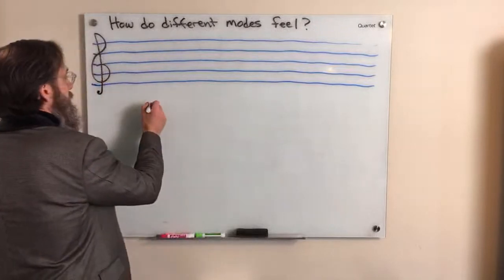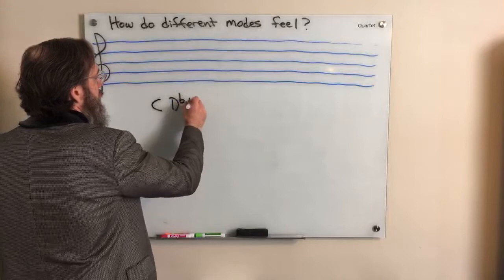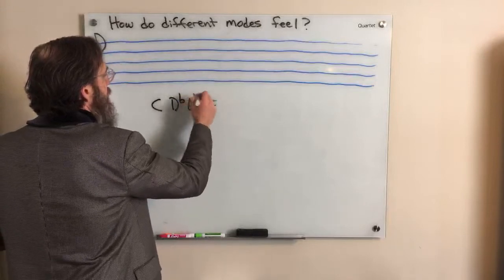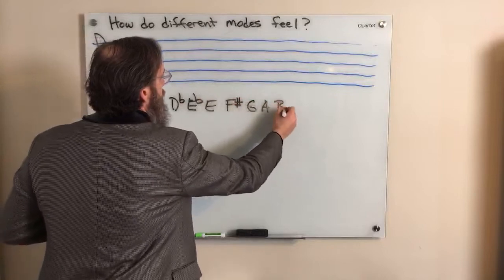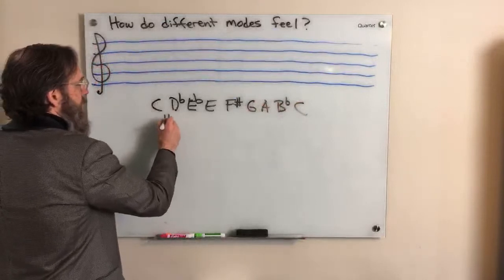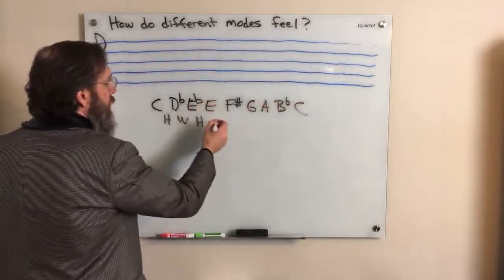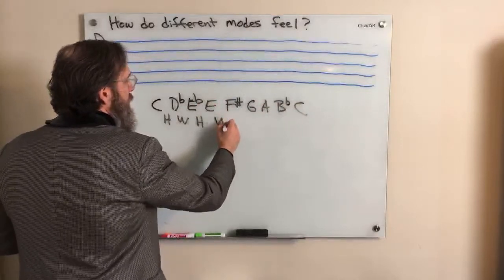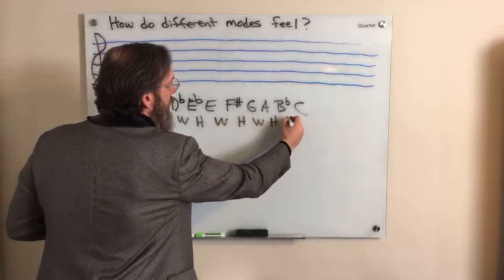So octatonic scale. Let me write out C, D flat, E flat, E, F sharp, G, A, B flat, C. So this is half step, whole step, half step, and so on, or harmonically, whole step, half step, whole step, half step, whole step.